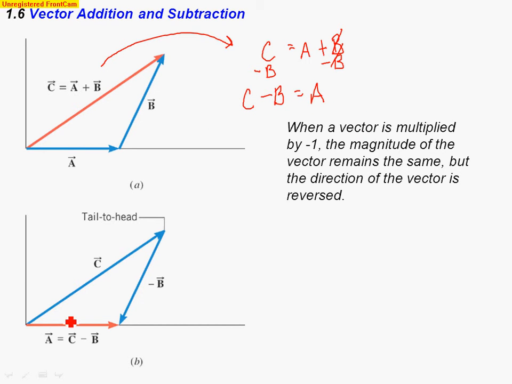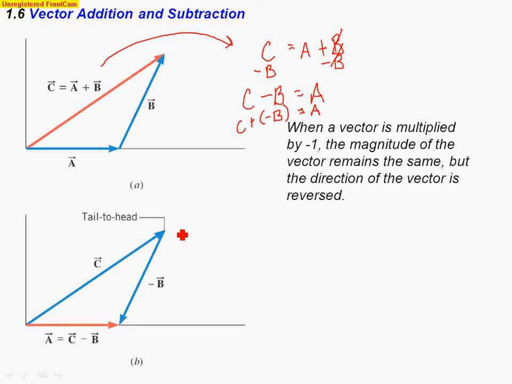So if we look at our vectors a different way, let's say we're taking C minus B, or that would be like C plus negative B. That should be equal to A. So if we start off drawing C, the same C that we had up here, and then draw B in the negative direction, so it's the same size, same angle, but it's pointing the opposite way.